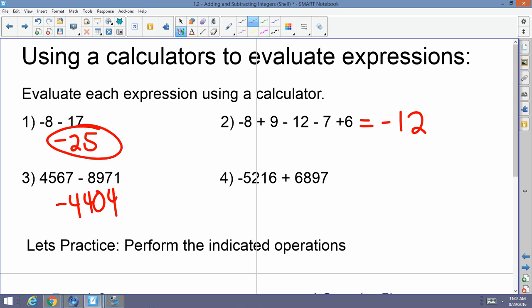So this would be negative 5,216 plus 6,897, and that will equal a positive 1,681. It's positive because there are more positives than negatives.